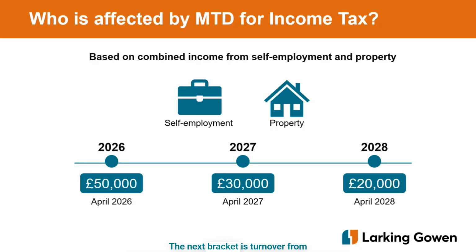The next bracket is turnover from self-employment and properties of 30,000, and that's based on your 25-26 tax return. And if it is over 30,000 on that tax return, you will be mandated in from April 27, and the next bracket, it falls down to 20,000.